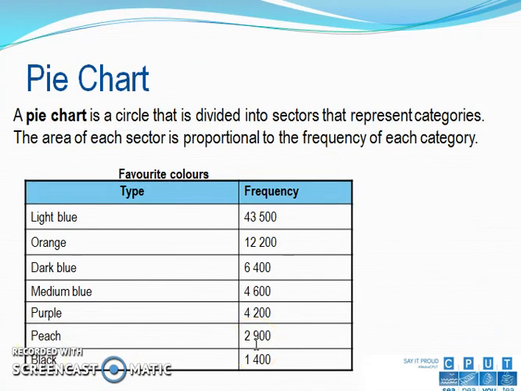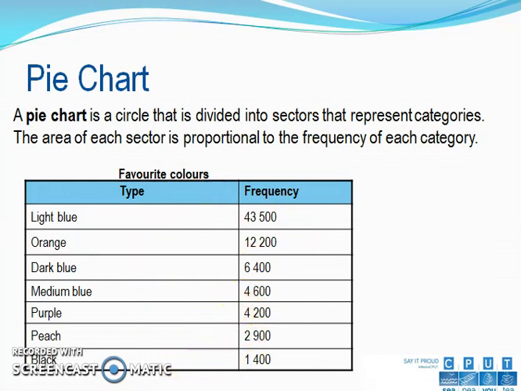So getting back to how we convert data into a simpler, easier to communicate form, we start off with the table. We've got the raw data and we organize the data into a table as we would see here. Now let's say this table is of favorite colors of everyone at CPUT, or not everyone at CPUT, of a sample at CPUT.